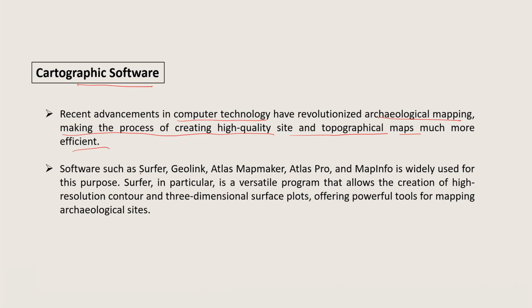Software such as Surfer, Geolink, Atlas Mapmaker, Atlas Pro and Map Info is widely used for this purpose. Surfer in particular is a versatile program that allows the creation of high resolution contour and 3-dimensional surface plots, offering powerful tools for mapping archaeological sites.